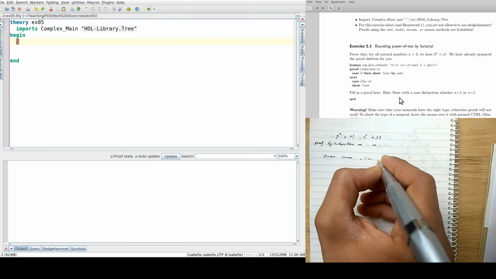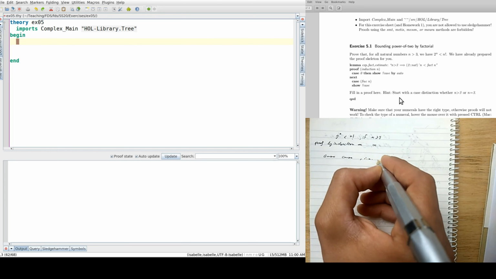When the theorem that you want to prove has assumptions of its own, this is the assumption of the statement that I want to prove. We call it the premise. So you have an induction hypothesis and you have a premise, and you want to prove from both of them the conclusion or the goal here.